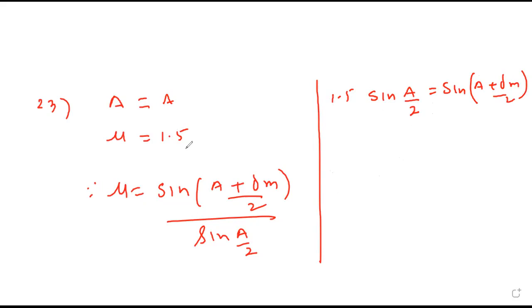Mu is not 1.5. 180 minus 2A they are telling us. So it should be 2 sine A by 2 cos A by 2 over sine A by 2. Mu is cos A by 2 probably. Therefore you multiply and divide by 2. So 180 minus 2A we have to prove.